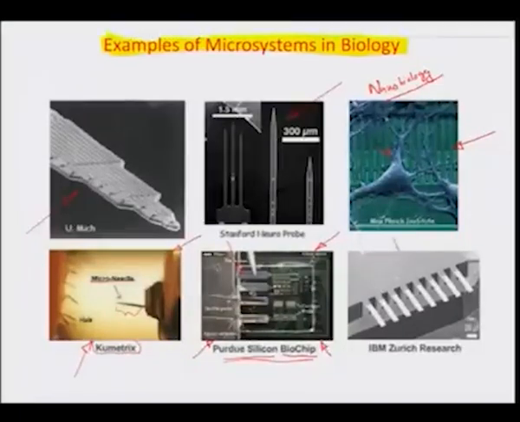Again, this example 6 here illustrates a bunch of different cantilevers, and I have already mentioned these cantilevers extensively while talking about AFM and the technology of AFM. These cantilevers can be very easily used for recognizing DNA molecules.